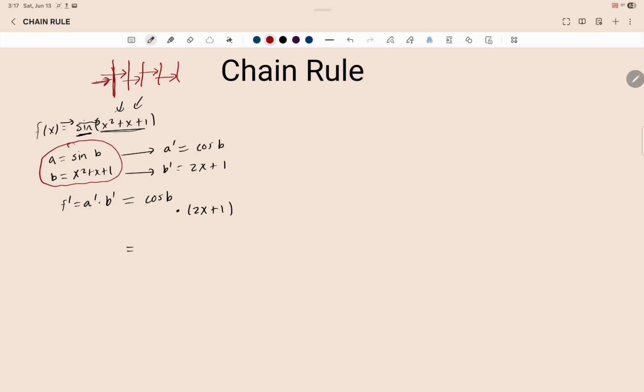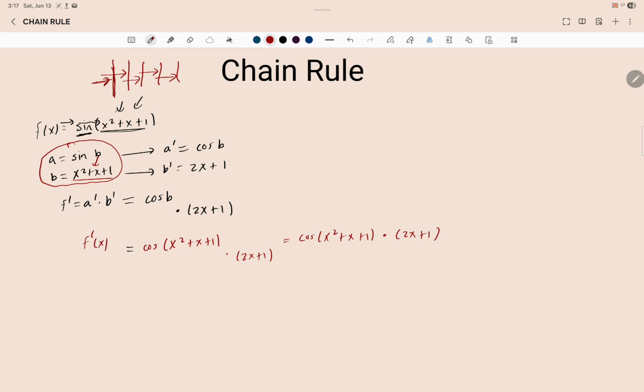We have a equals sine of b, b equals x squared plus x plus 1. So here's b, which is equal to x squared plus x plus 1. Now I'm going to replace what b is. It's just cosine of x squared plus x plus 1, times 2x plus 1. And just for a bit of cleanup, I'm going to write it right next to each other. Great, we found the derivative of f.